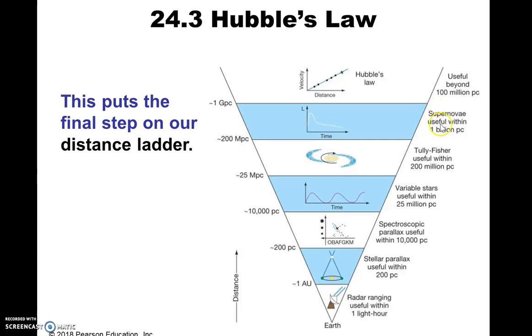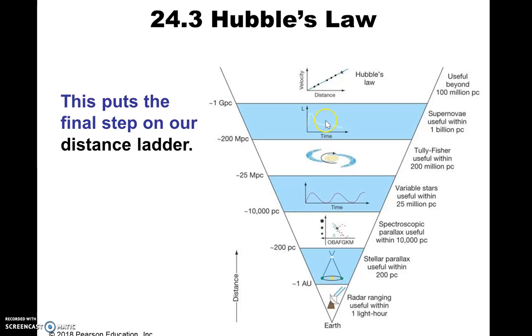And then, of course, the method of standard candles is the next rung, and that's using type 1 supernovae. That's a white dwarf that accumulates more than 1.4 times the mass of the sun and then blows up. It always blows up with the same luminosity and the same characteristic curve, and so we use that to measure distances.